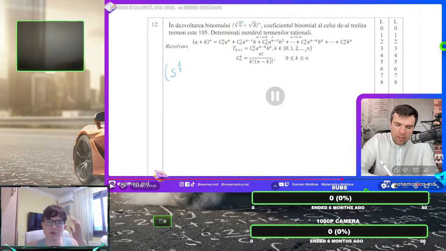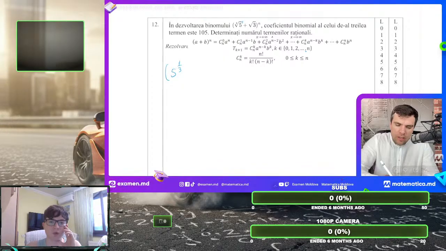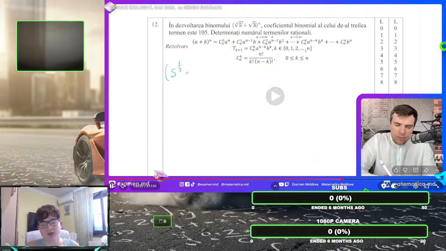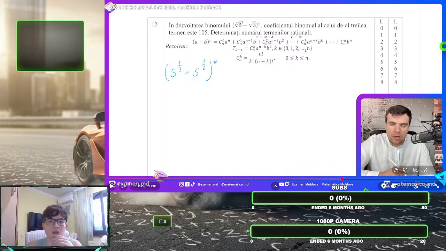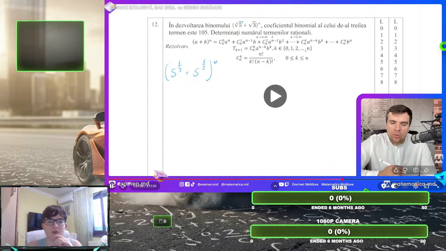So we'll have 5. So we're working so far with square roots and so on. We'll have 5 to the power of 1 divided by 3 plus what? Plus square root of 3, which is 3 to the power of 1 divided by 2. But why did this guy write it down as 5?